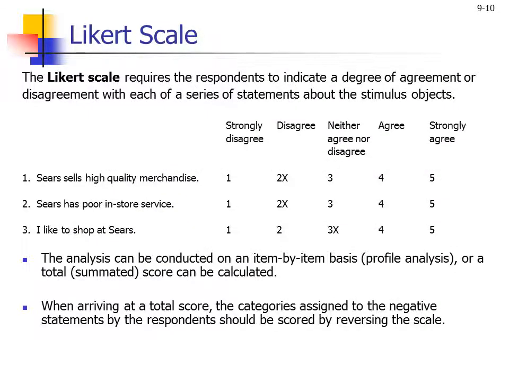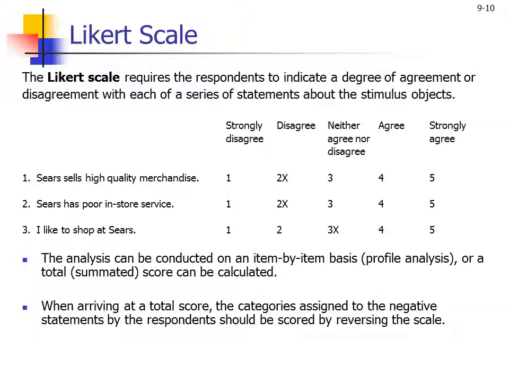We have an example of the itemized rating scale, the Likert scale, named after its developer, Rensis Likert. The Likert scale is a widely used rating scale that requires the respondents to indicate the degree of agreement or disagreement with each of a series of statements about the stimulus object.